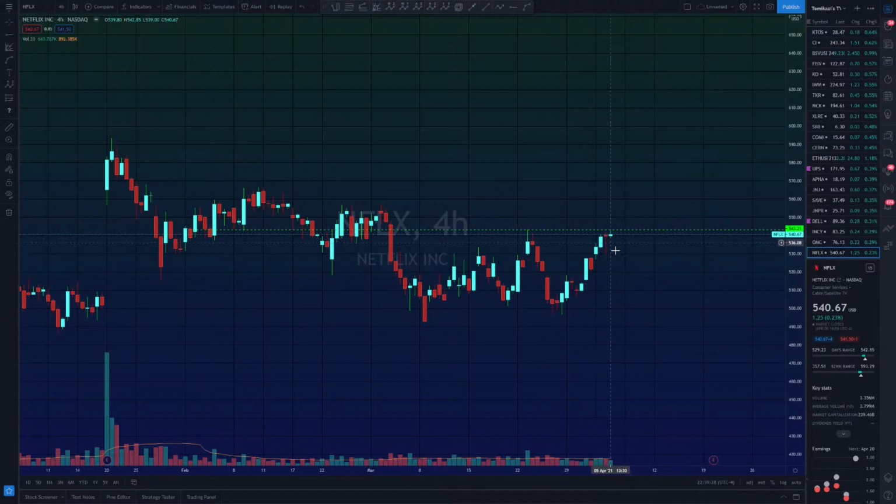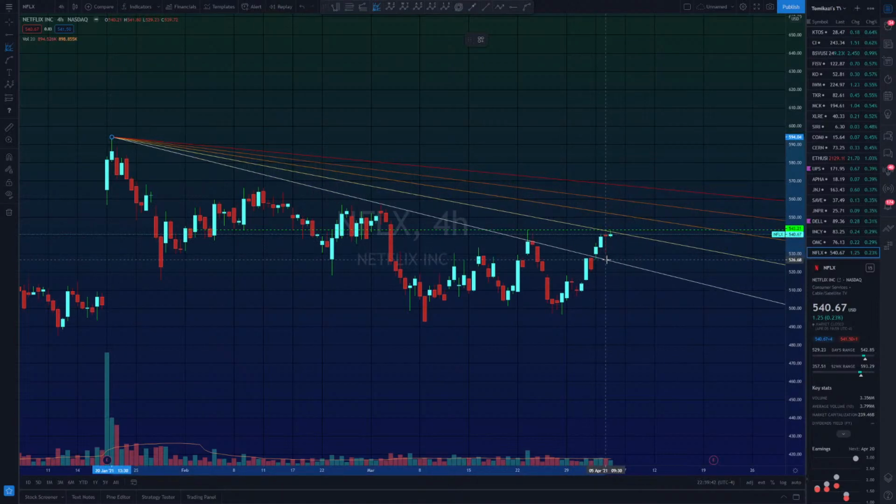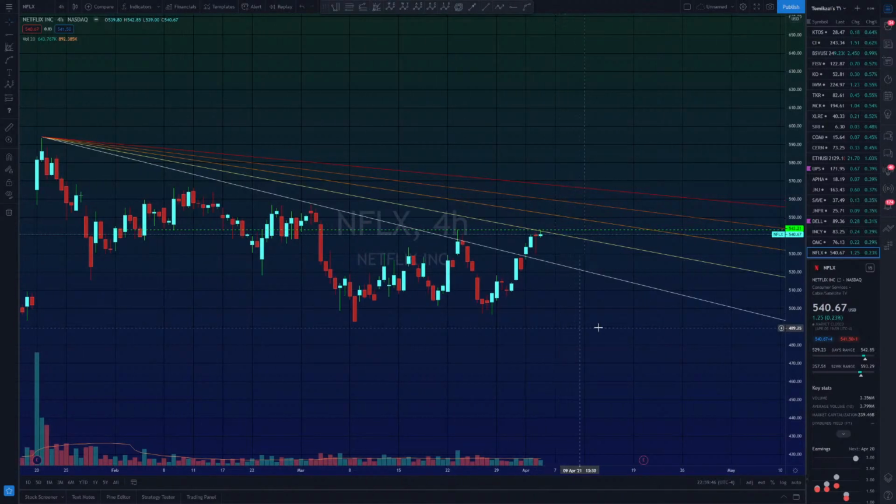But if it opens over 543, I'd feel okay going on it, and then maybe you see it retest 556, 567, and so on. It is at resistance right now as well, so keep that in mind.